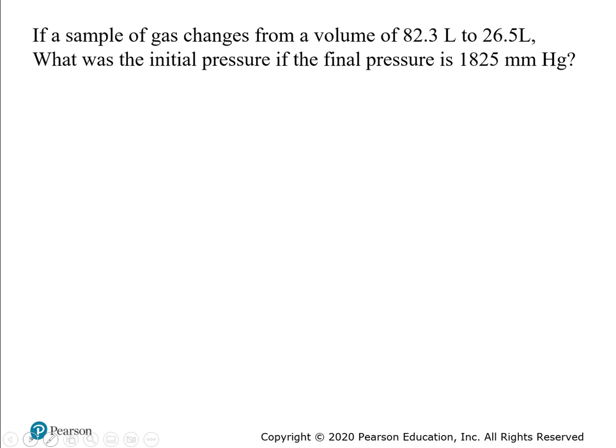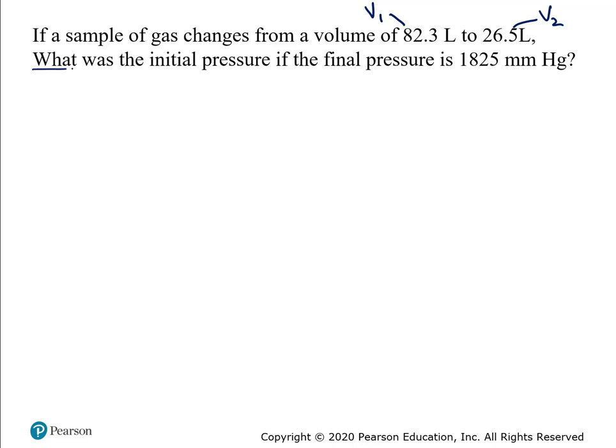Remember we've got P1 and V1, P2 and V2. Going across, first number, 82.3 liters, is it V1 or V2? If a sample of gas changes from 82.3, that is V1, and it goes to 26.5, that is V2.